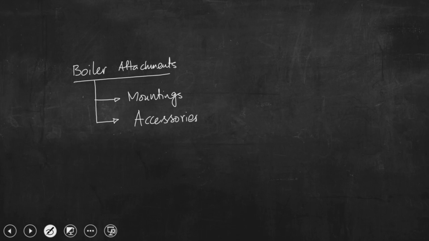So, you can understand that the components which we have discussed in the last two classes are essential components for the operation of the boiler.